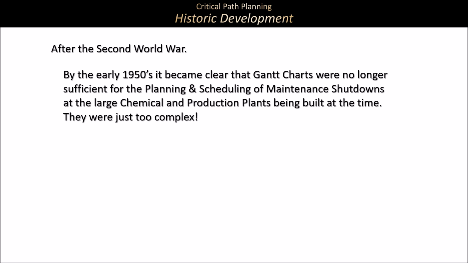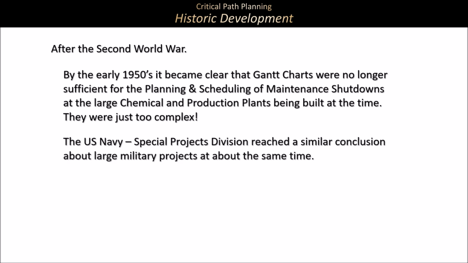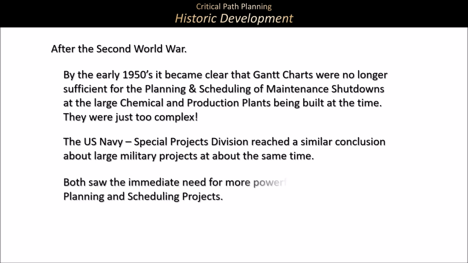By the early 1950s, it became clear that Gantt charts were no longer sufficient for the planning and scheduling of maintenance shutdowns at the large chemical and production plants being built at the time. They were just too complex. The U.S. Navy Special Projects Division reached a similar conclusion about large military projects at about the same time.